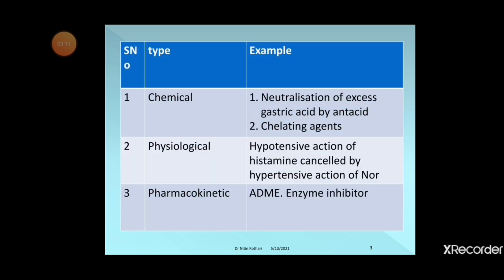Now we will discuss what is chemical antagonism. Chemical antagonism is just the chemical reaction between two chemical substances and neutralization of the first one.